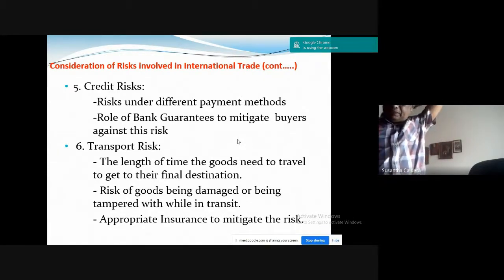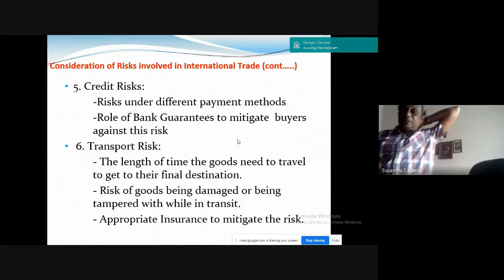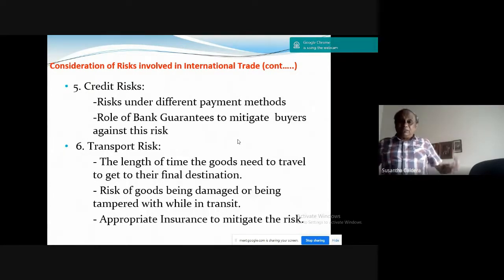Transport risk: the length of time the goods need to travel to get to their final destination. If the goods are coming from New York to Colombo, they have to cross the Atlantic Ocean.